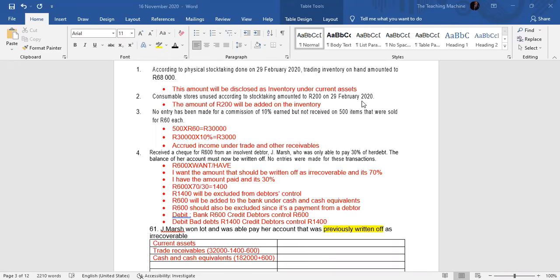So do we disclose income accounts in the statement of financial position? No, we do not disclose income accounts. We only include assets, equity, liabilities. So bad debt recovered is a foreign item in the statement of financial position.